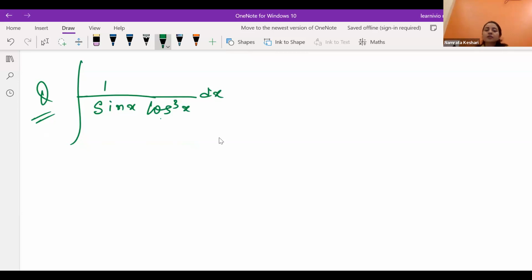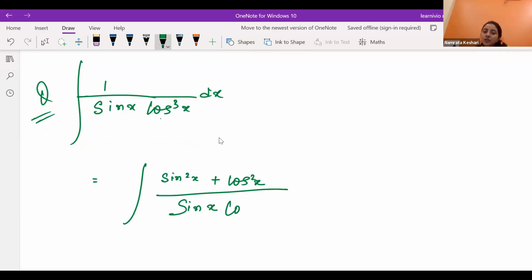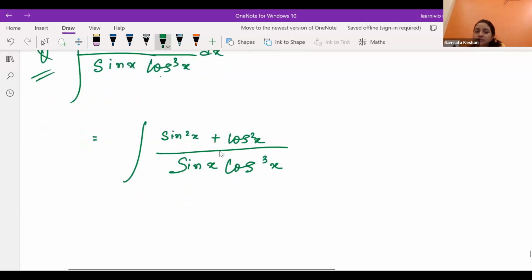Yes. Okay, let's think about it. Can we write the numerator as a sine square x plus cos square x? Can we? Yes. And if we will do so, can you see that it is becoming quite simple if we will now separate the terms?